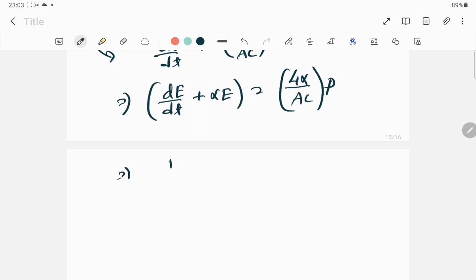So I will rather modify it like this: 4P/AC into alpha.